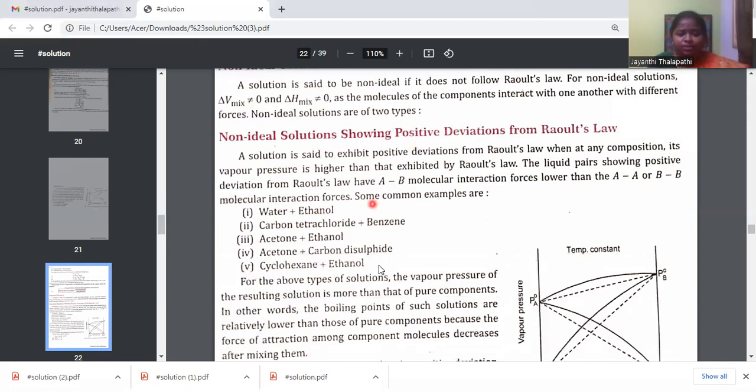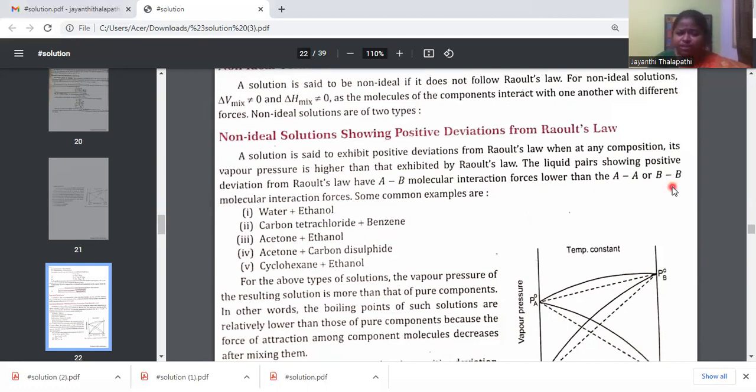Here are some examples of positive deviations: water plus ethanol, carbon tetrachloride plus benzene, acetone plus ethanol, acetone plus carbon disulfide, cyclohexane with ethanol. All these are non-ideal solutions with positive deviations. What does this mean? Here, the A-B molecular interaction forces are lower than AA or BB.